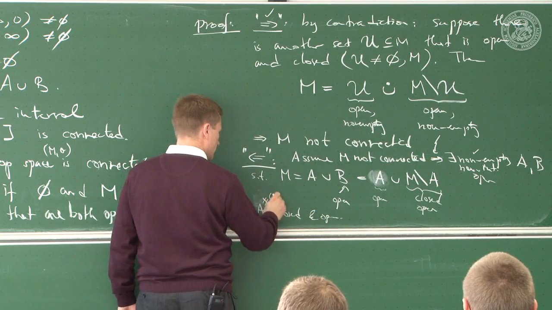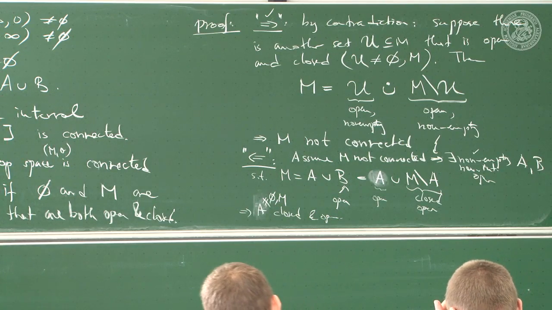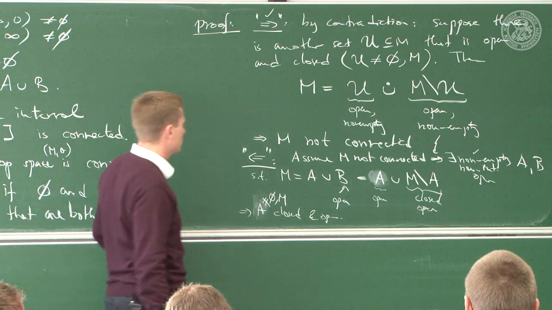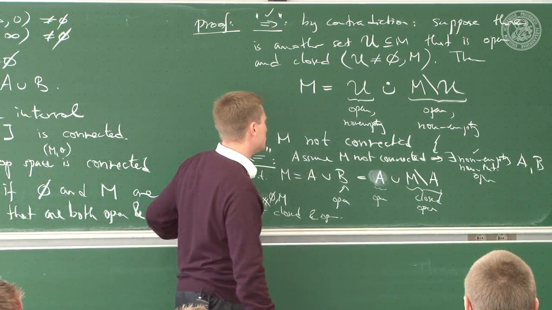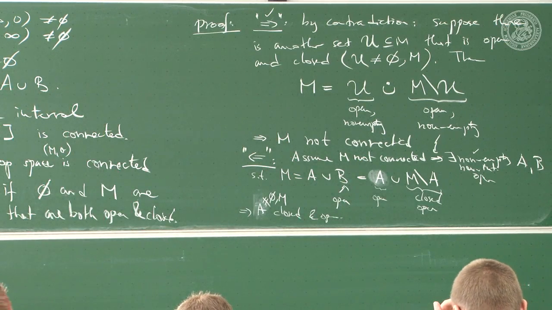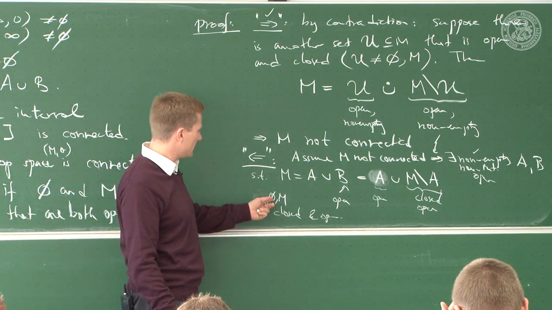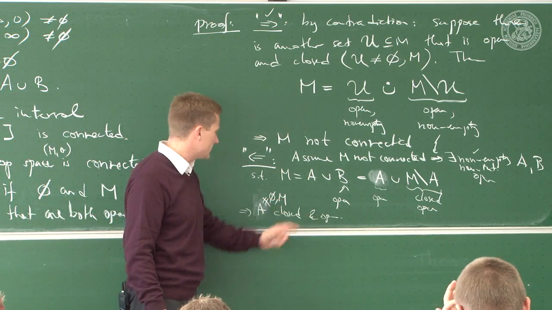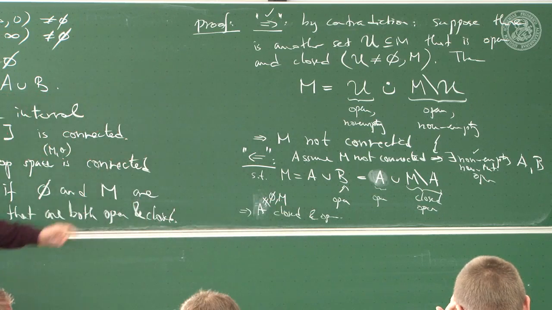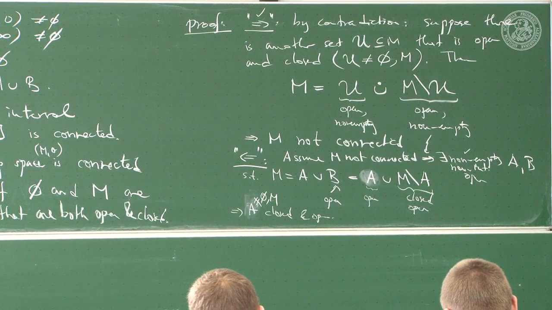And this is not the empty set or M, as I just argued. So if M is not connected, then you can construct a set that's not the empty set or the entire set that's both closed and open. Hence, you have the opposite direction. That's it.